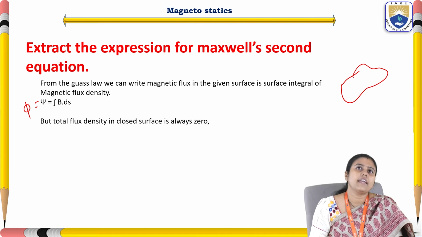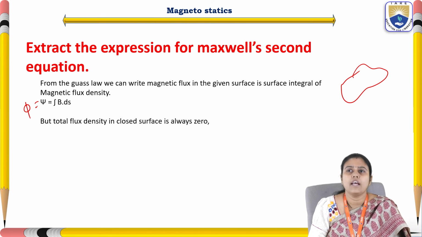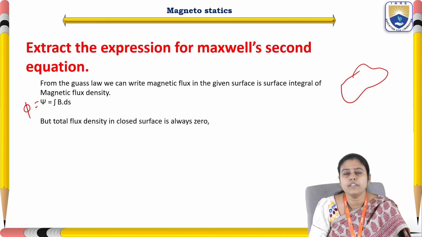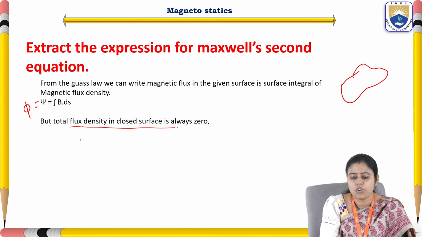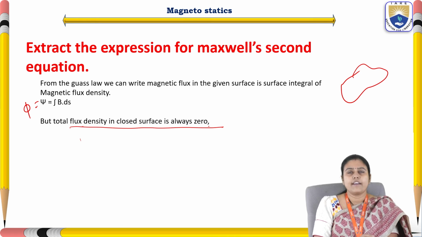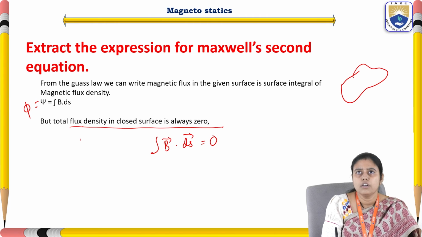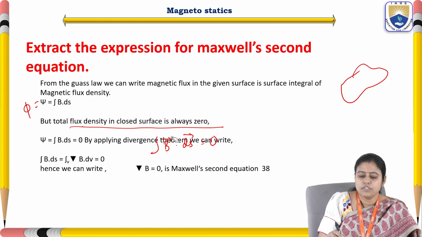But in the case of the magnetic flux density in any closed path, the total amount of lines of force is always 0. So as the lines of force is 0 means flux is 0, and flux density in the closed surface is always 0. So we can write that B dot ds is equal to 0.